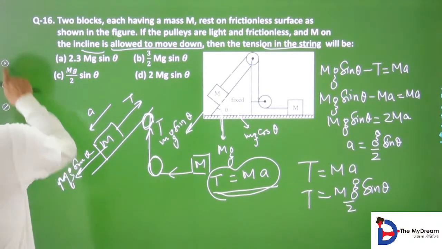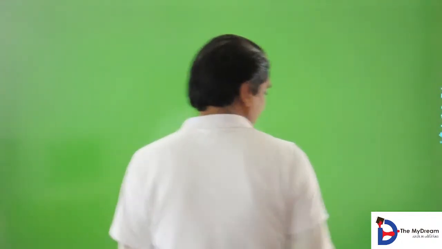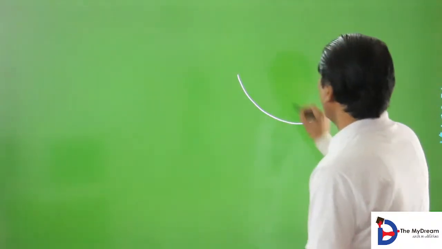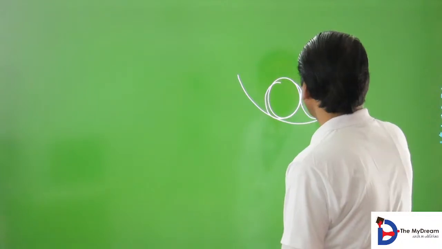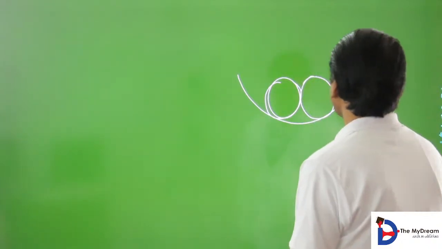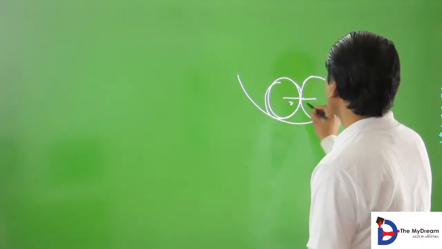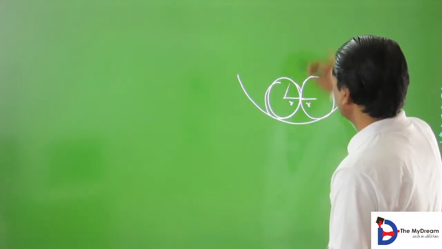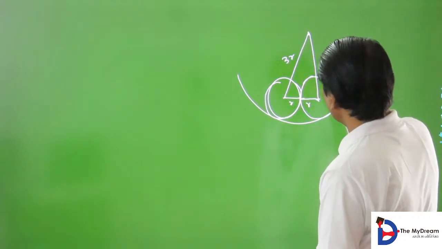Next question is, yes, now we are considering some problems. There is the presence of a cup. Here two spheres are given to you, each of radius small r. This is 3r.